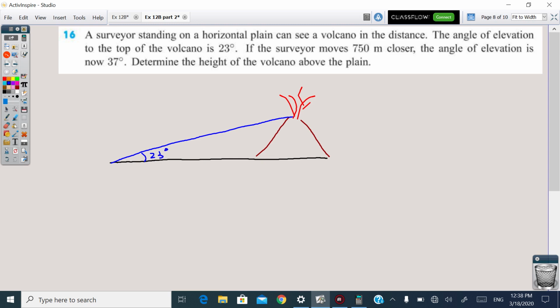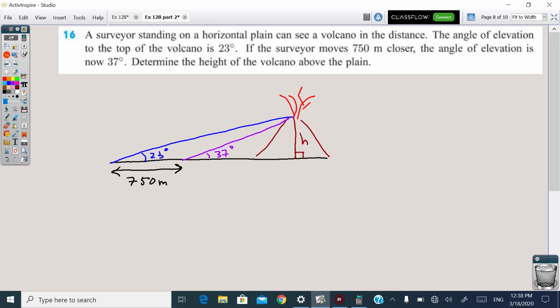The surveyor moves 750 meters closer, so this is 750 meters, and the angle of elevation is now 37. What is the height of the volcano?